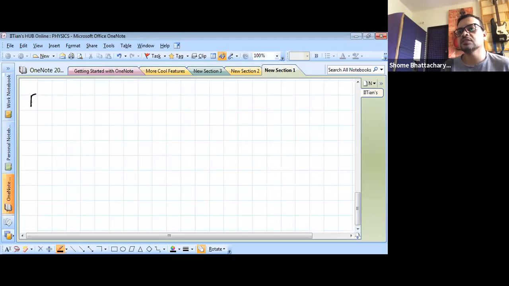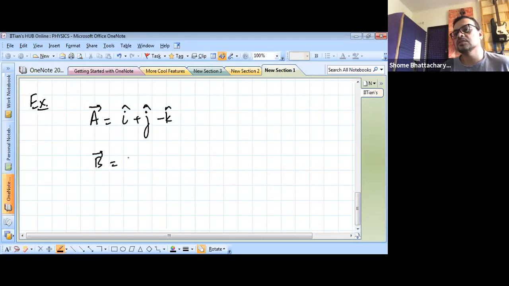Okay, so let's do an example of this. We have a vector A, which is, let us say, i cap plus j cap minus k cap. And we have another vector B, which is 3i cap plus 4j cap.